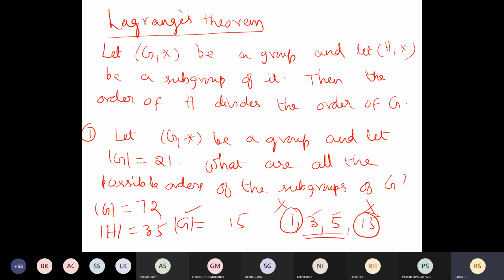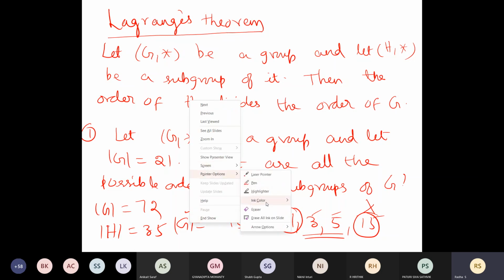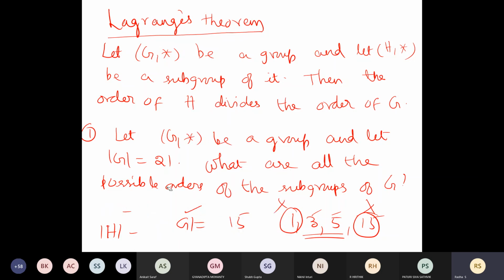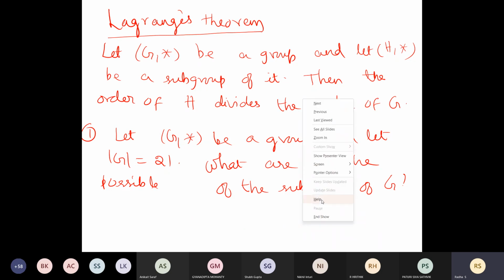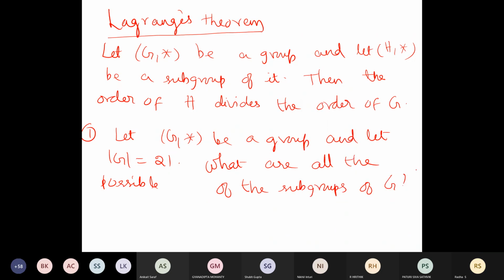It need not be true. That's why I'm asking what are all the possible orders. Be very careful when I mention it. Whenever the order of G is 21, what are the possible orders of the subgroups H of G? First you can write like this.